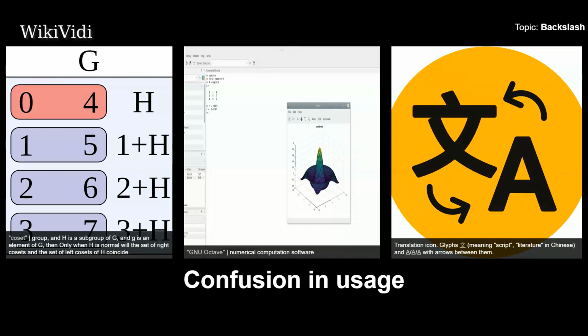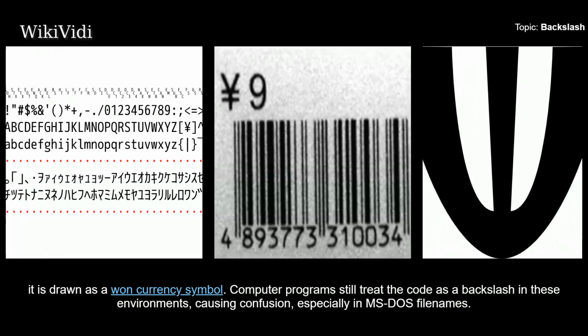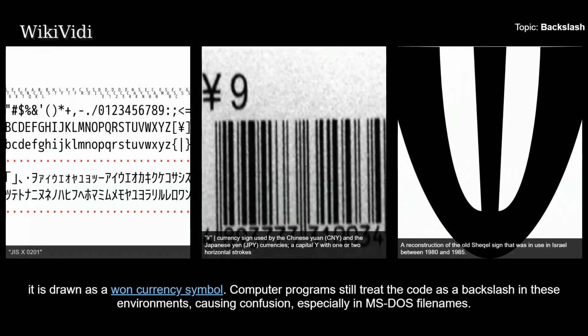Confusion in usage. In the Japanese encodings ISO 646, JIS X 0201, and Shift JIS, the code point 0x5C that would be used for backslash in ASCII is instead rendered as a yen mark, while in Korean encoding, it is drawn as a won currency symbol. Computer programs still treat the code as a backslash in these environments, causing confusion, especially in MS-DOS file names.